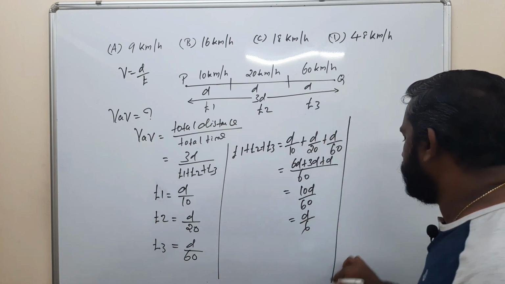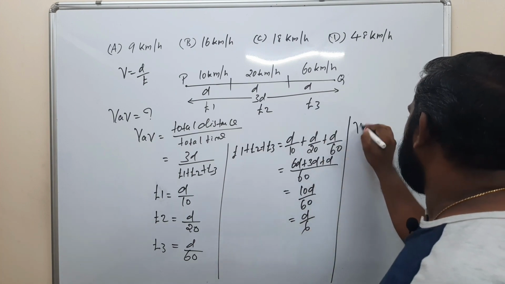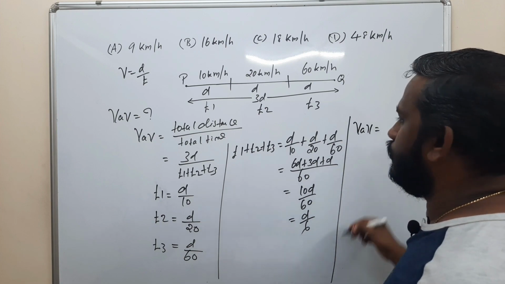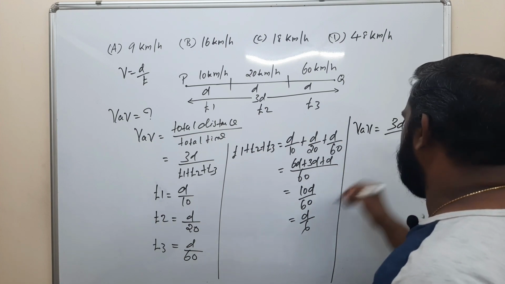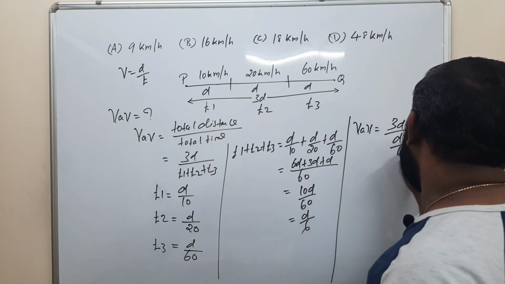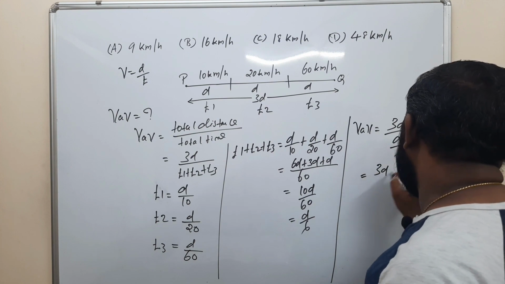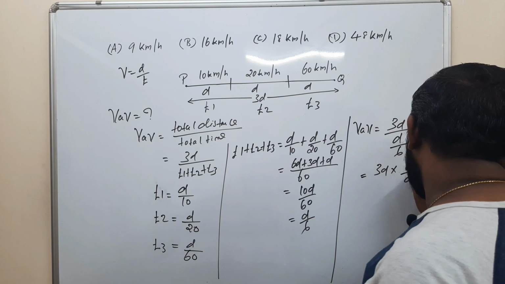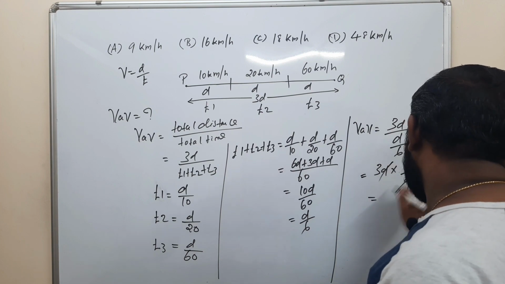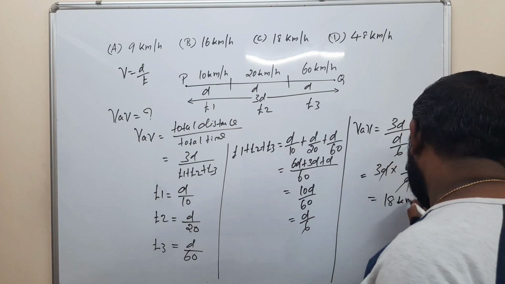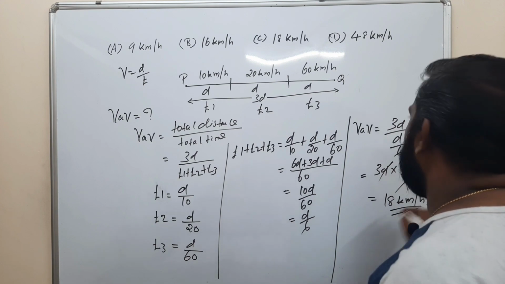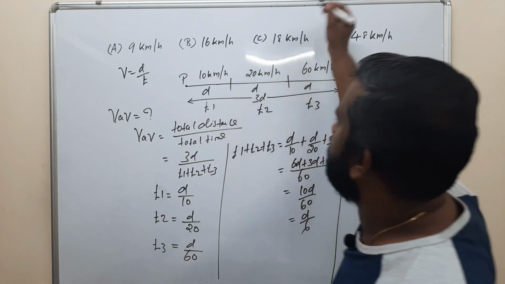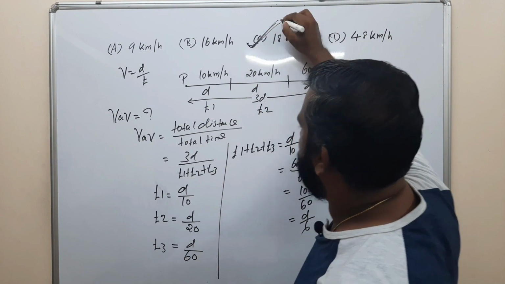So V_av is equal to total distance, 3d, by total time, d by 6. That's equal to 3d into 6 by d. So d gets cancelled, and 6 3s are 18 kilometer per hour is the answer. So option C, 18 kilometer per hour.